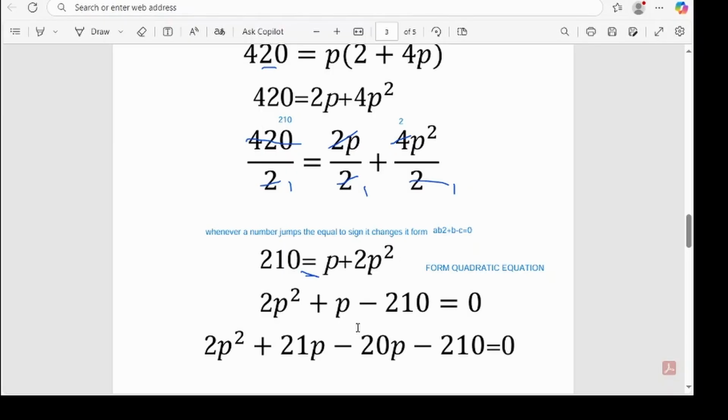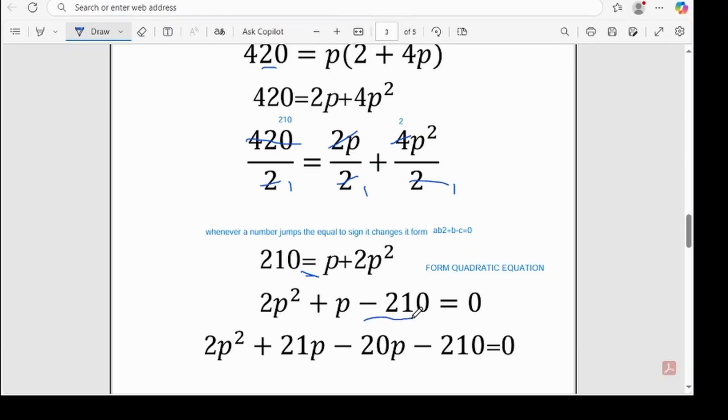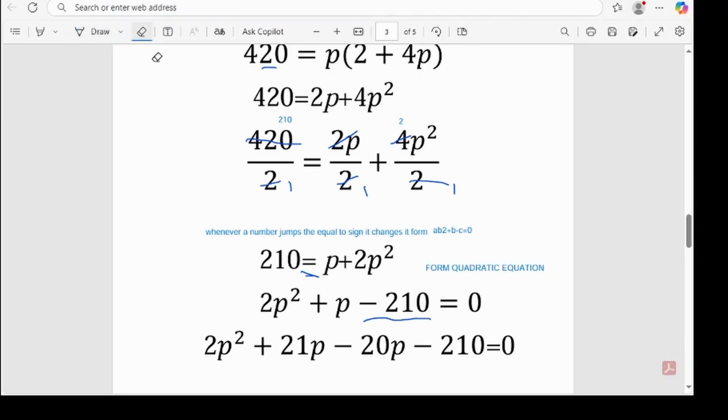That explains why here we have 2p squared plus p minus 210, because it has changed its form, so it becomes negative 210 after jumping the equal to sign. So we have the formula as 2p squared plus p minus 210 is equal to 0.